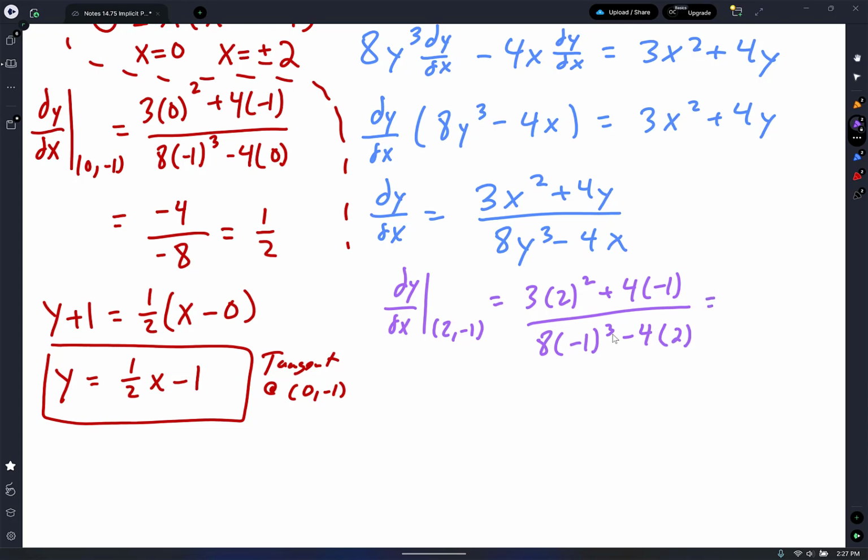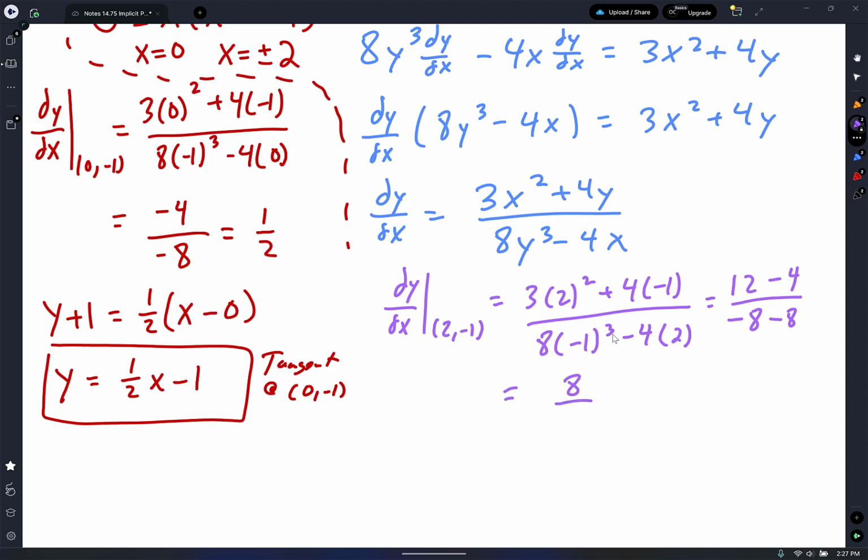All right, let's see if we can do this without a calculator. 2 squared is 4. 4 times 3 is 12. And then 12 minus 4 over negative 1 to the third is negative 1 times 8 is going to be negative 8. And then 4 times 2 is another negative 8, so minus 8. So let's see, what do I have?